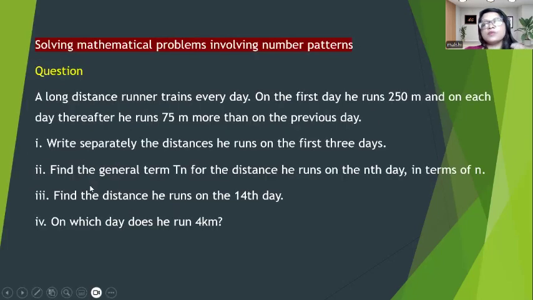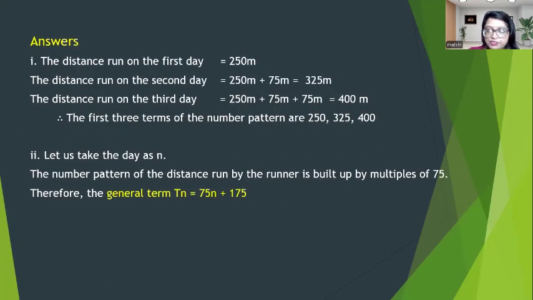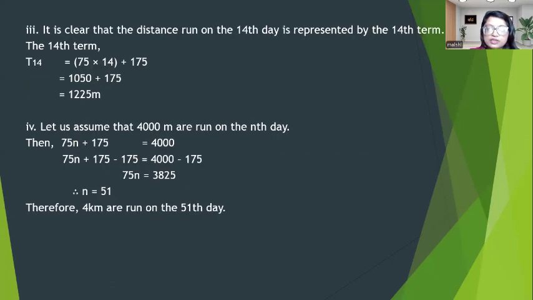Then the third question is, find the distance he runs on the 14th day. How many meters did he run on his 14th day, which means you need to find the 14th term according to the given general term. You need to substitute 14 for n in the general term, right?